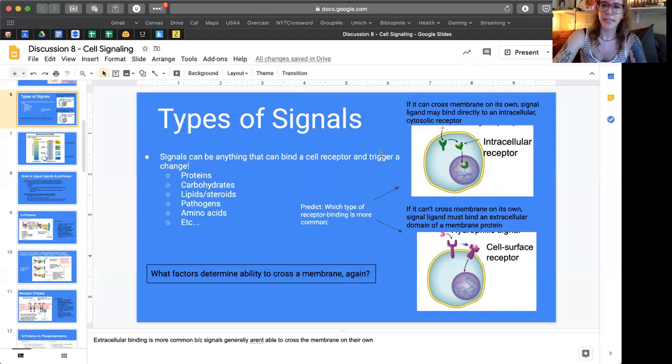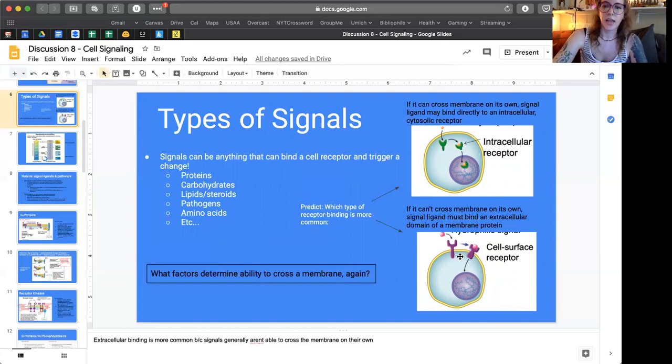If we have a signal ligand that's able to cross the membrane on its own, and it's able to bind to an intracellular receptor, then this intracellular receptor can change its shape while it's already in the cytoplasm, and cause a conformational change that will change the function overall in a way that we care about. However, if the ligand can't cross the membrane on its own, then obviously intracellular receptors would do us no good because you would never be able to reach that.